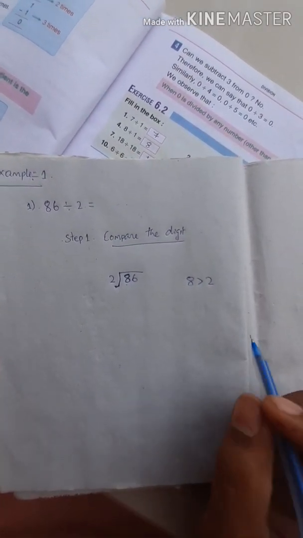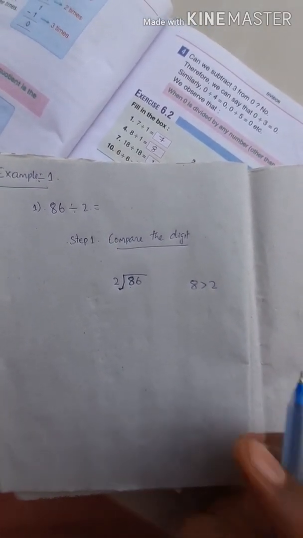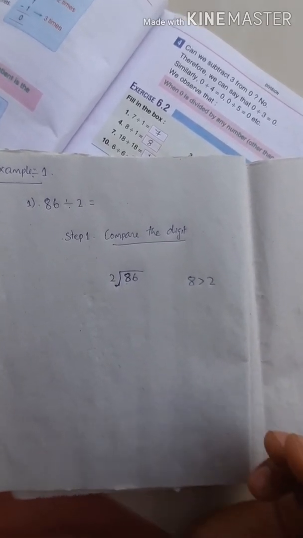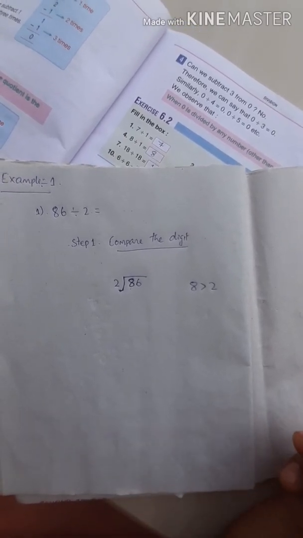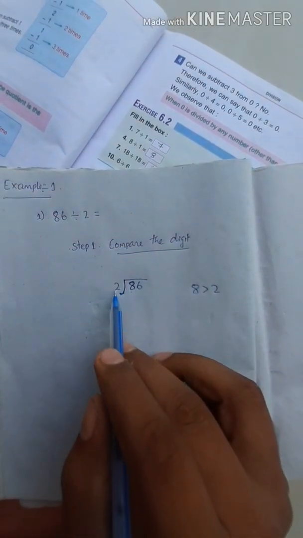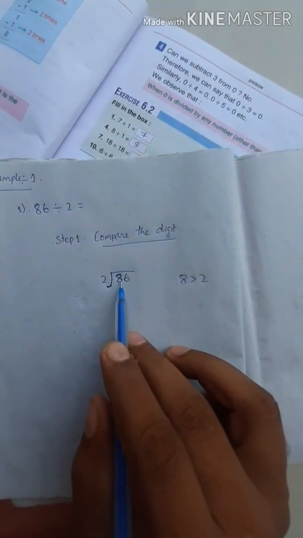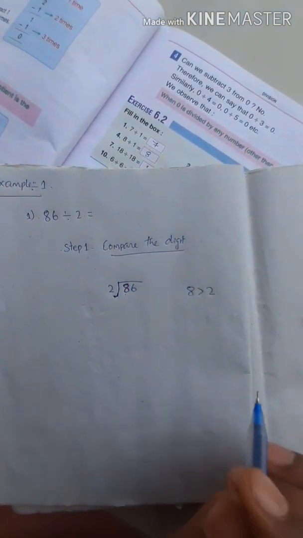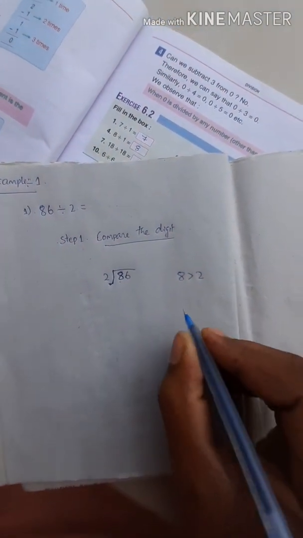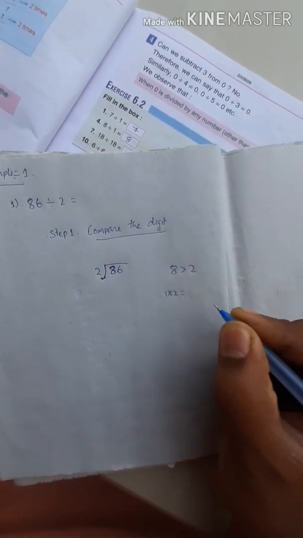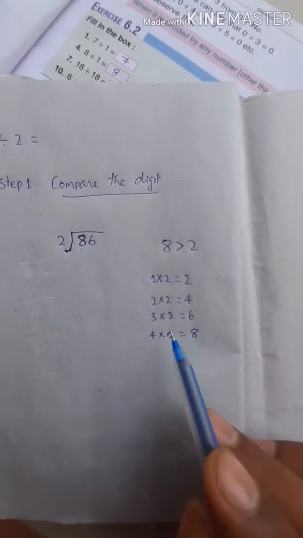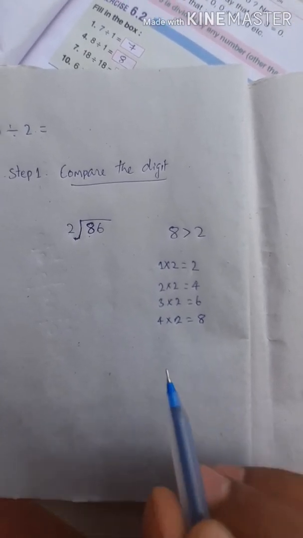Students, for doing this division, we use the table of 2 to find the product which is equal to or less than and nearest to the digit. Because 2 is the divisor and the leftmost digit is 8, we use the table of 2. 1 2s are 2, 2 2s are 4, 3 2s are 6 and 4 2s are 8.